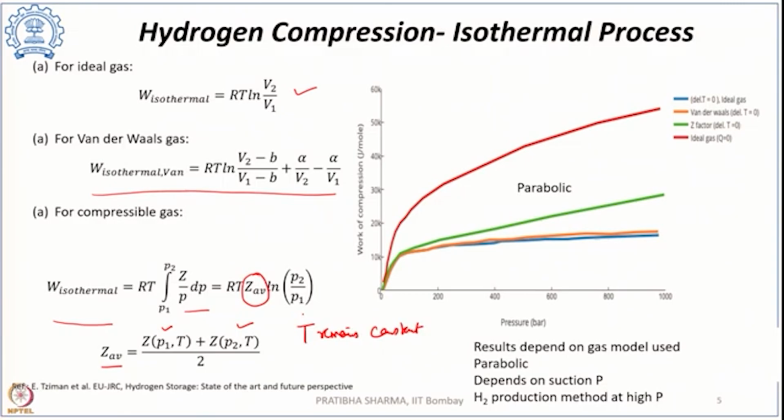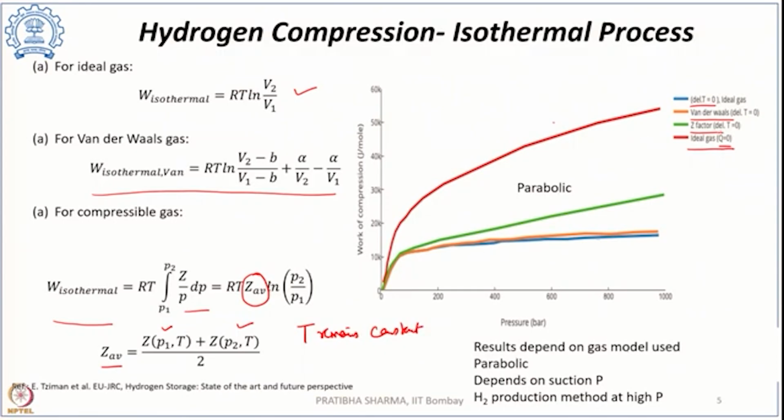Now this figure shows that depending upon which gas model we have used, the work of compression may differ. Whether we have used an ideal gas model, or considered it to be a real gas, whether it is an isothermal process or an isentropic process, whether we have considered a van der Waals gas or a compressible gas using the compressibility factor, different curves are obtained.